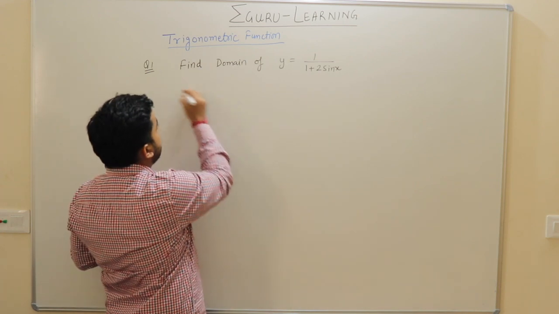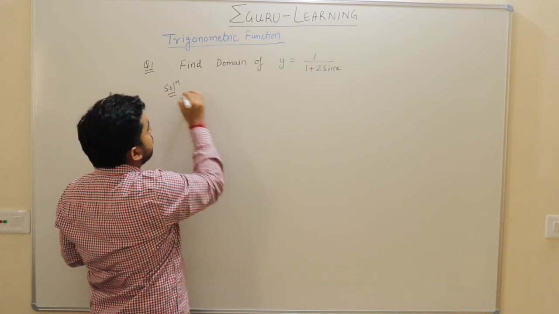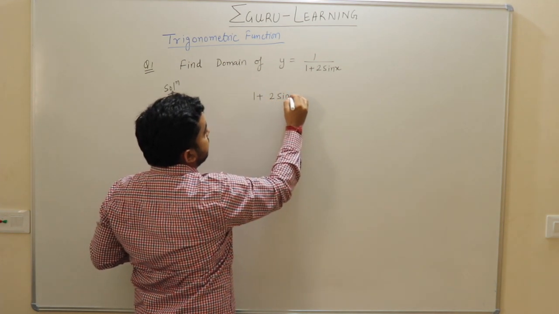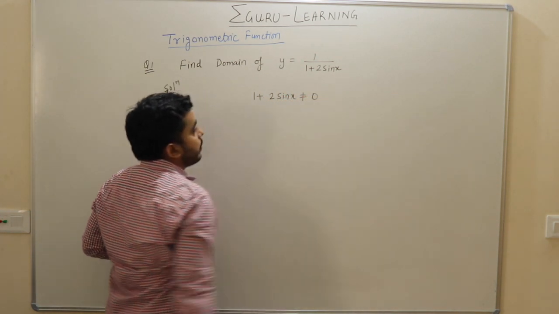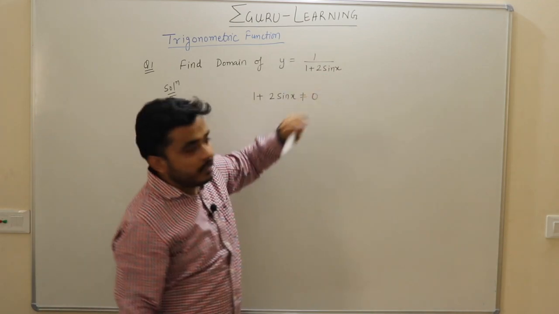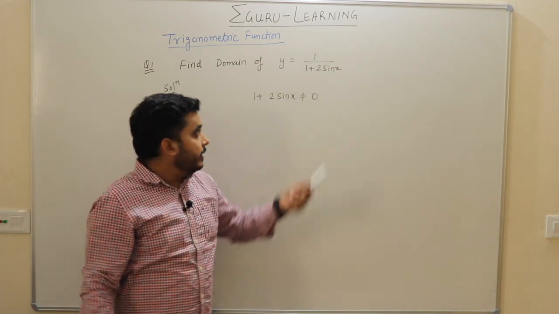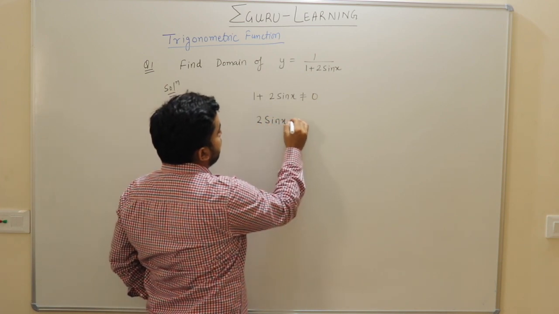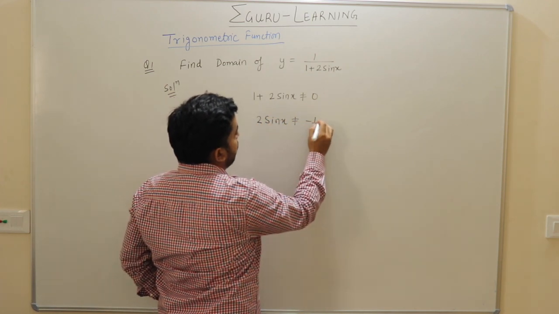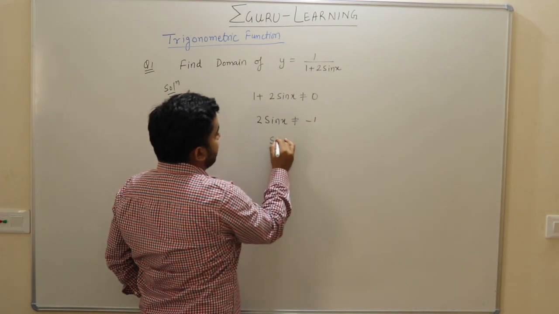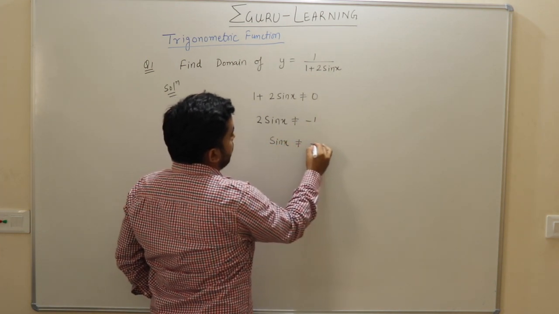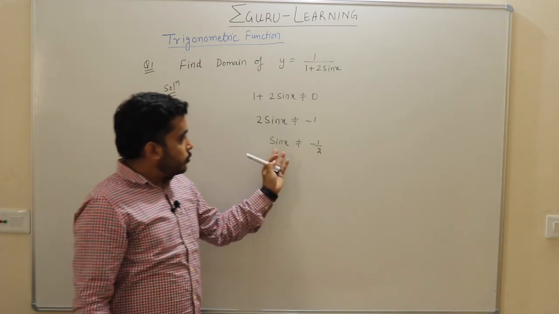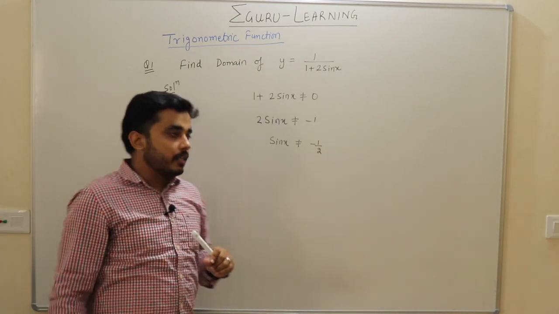That means 1 plus 2 sin x should not be equal to 0, because the denominator cannot be 0, otherwise the function won't be defined. Hence 2 sin x should not be equal to minus 1, and sin x should not be equal to minus half. So I need to remove all those points where sin x is equal to minus half.